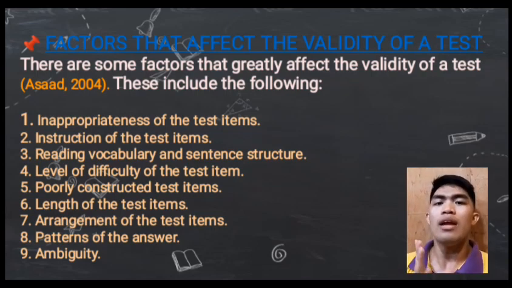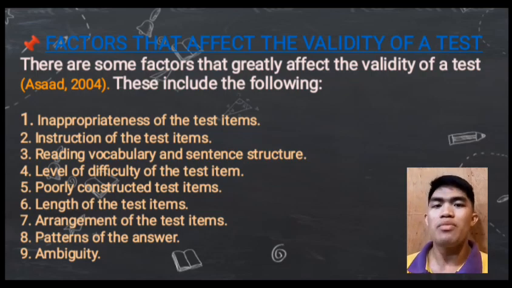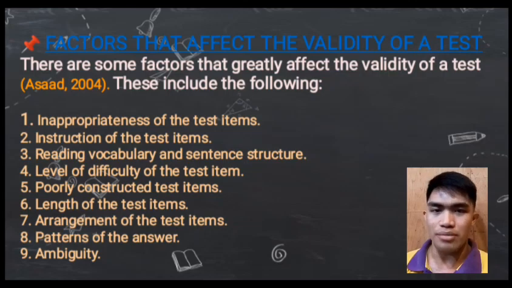Ibig sabihin, ambiguous statements in the test items contribute to misinterpretation and confusion. And ambiguity sometimes confuses the bright students more than the poor students, causing the items to discriminate in a negative direction.